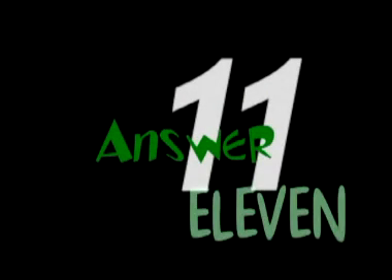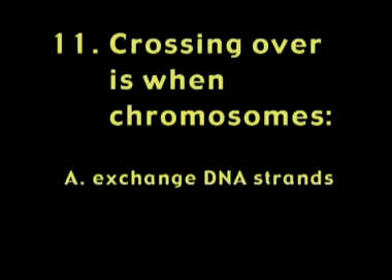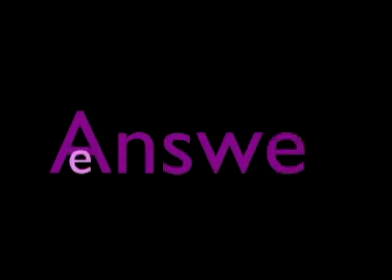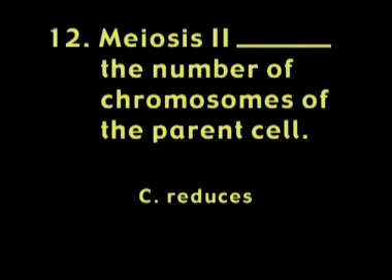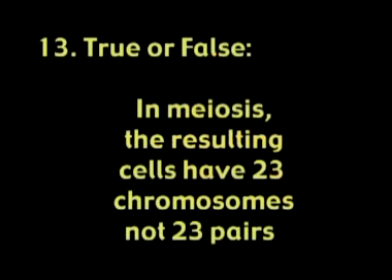Question 11. A. Crossing over is when sister chromosomes entangle and exchange DNA strands. Question 12. C. Meiosis II reduces the number of chromosomes of the parent cell. Question 13. False.